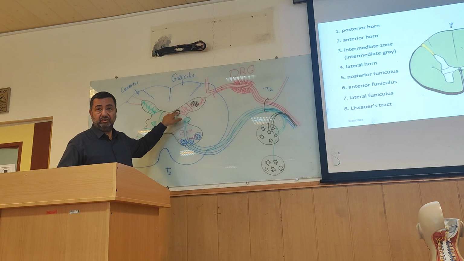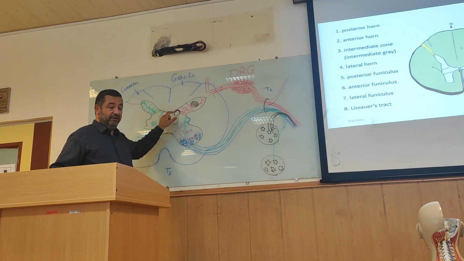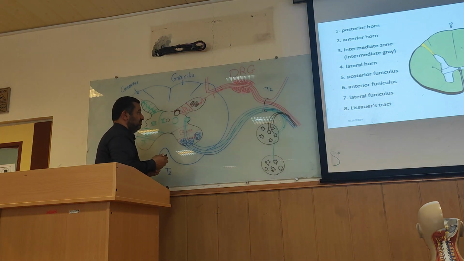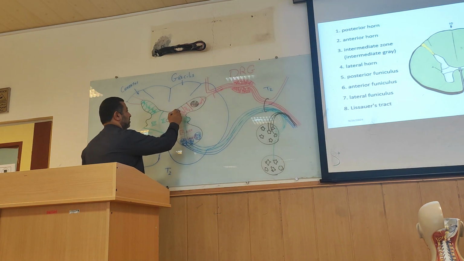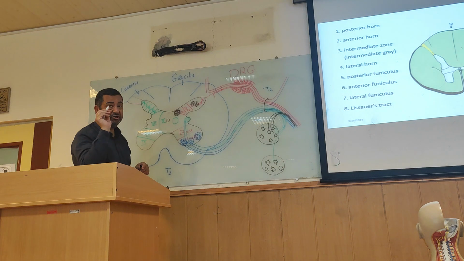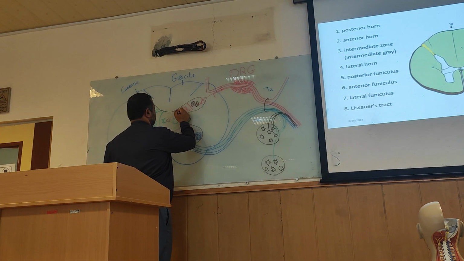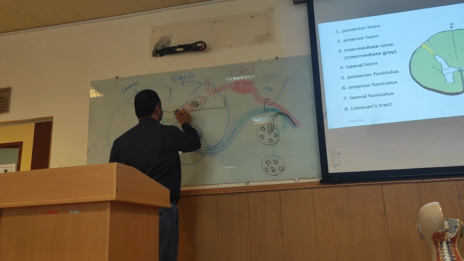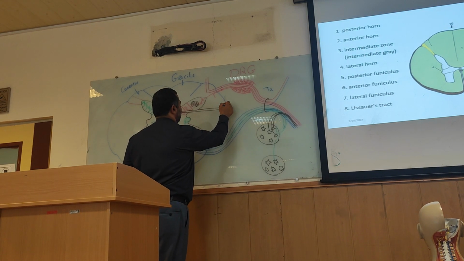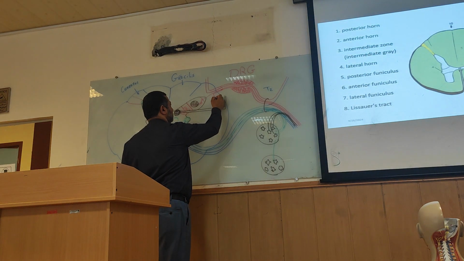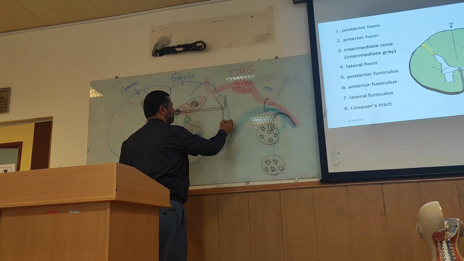Clark's nucleus. From Clark's nucleus, these neurons, without crossing, send nerve fibers outside to the lateral funiculus, and they ascend on the lateral part of the lateral funiculus.